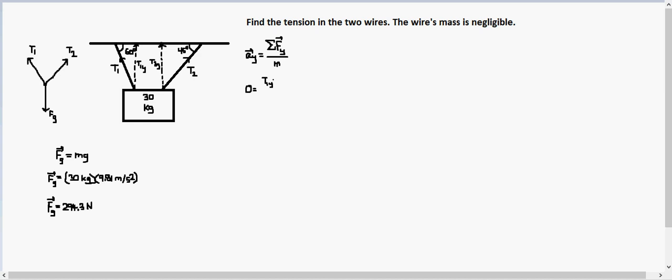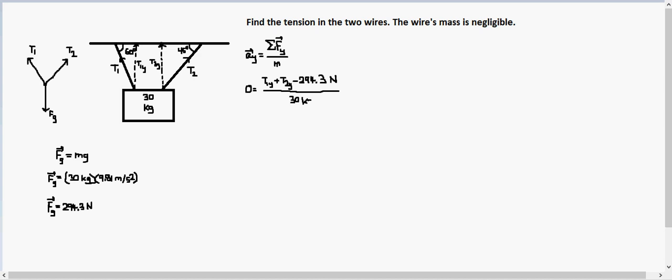T1y plus T2y minus the force of gravity, 294.3 newtons, over our mass, 30 kilograms.